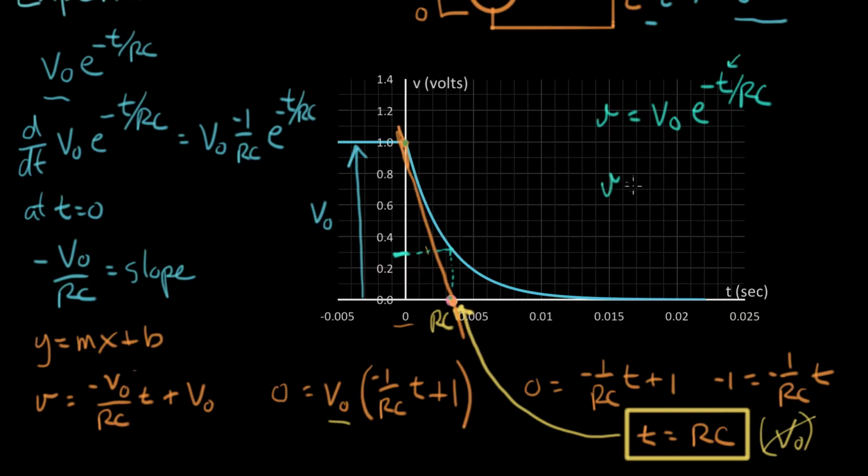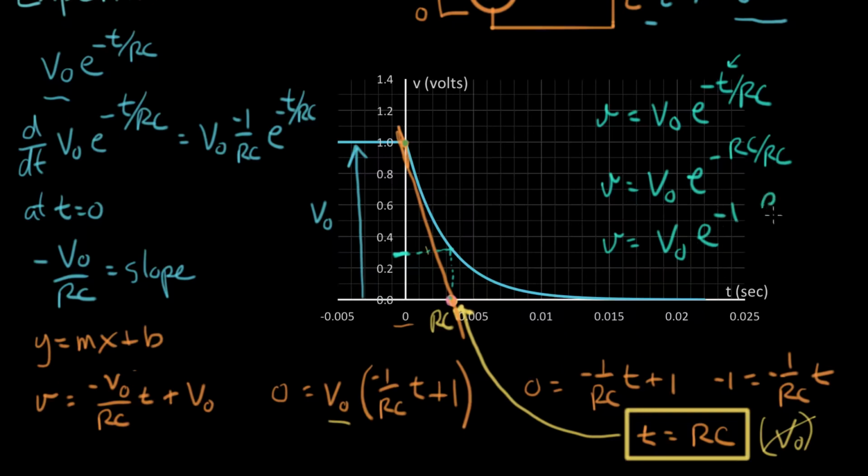So V equals V naught e to the minus RC over RC, or V naught e to the minus 1.